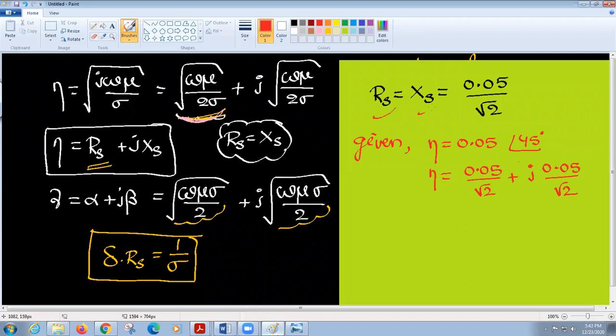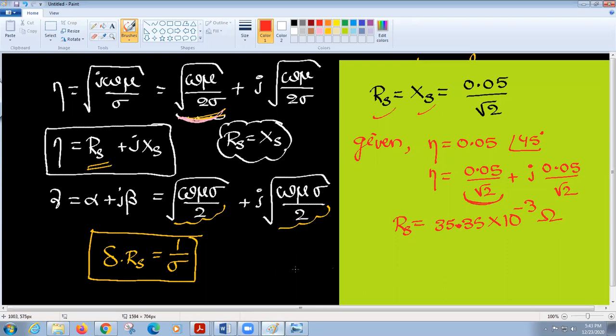So I can say RS equal to XS equal to 0.05 by root 2. Let's try to find this RS. So you would get around 35.35 multiplied by 10 to the power of minus 3 ohms.